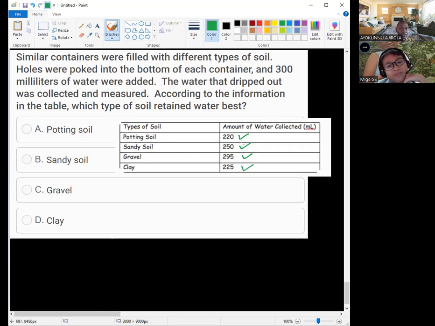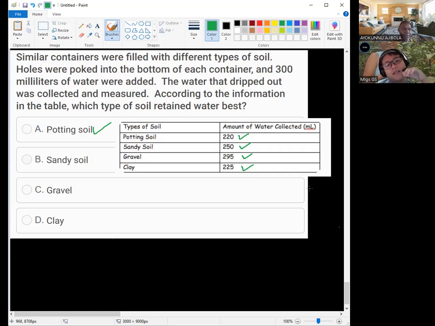So which one gave out the smallest water? It's potting soil, option A, because it does not give out its water as the others do. That's correct. Potting soil.